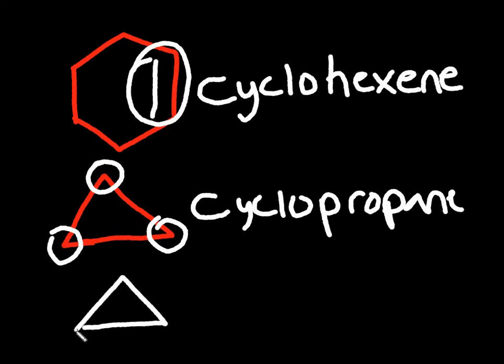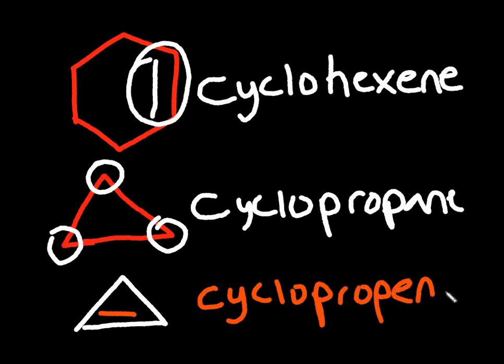Now if I wrote it like this, we added a double bond there. That would be cyclopropene. Okay? Fairly simple. A lot of this stuff in this section is just memorization and piecing everything together.